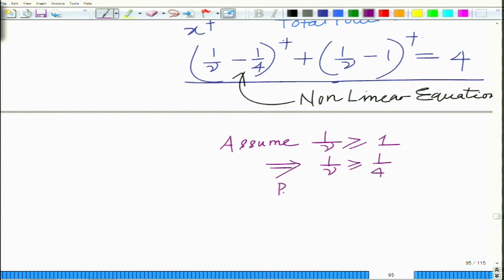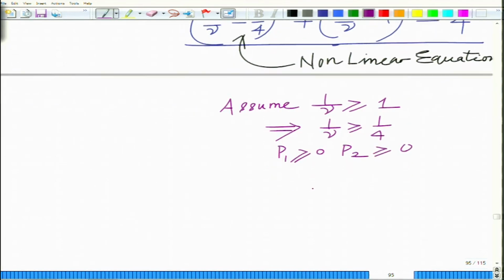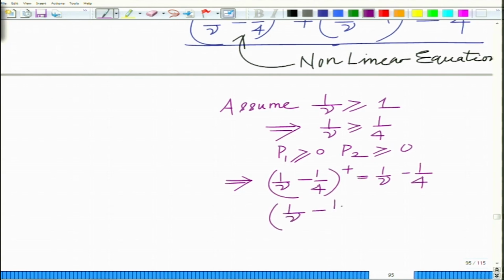So, P1 greater than 0, P2 greater than or equal to 0. So, this implies 1 over nu minus 1 over 4 plus equals 1 over nu minus 1 over 4, and 1 over nu minus 1 plus equals 1 over nu minus 1.